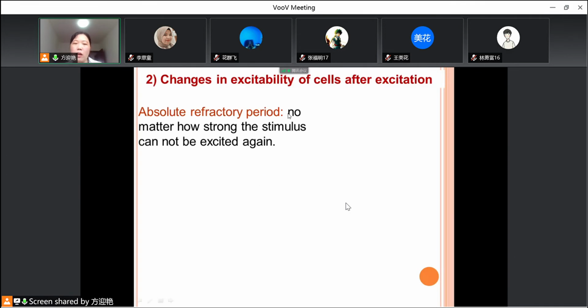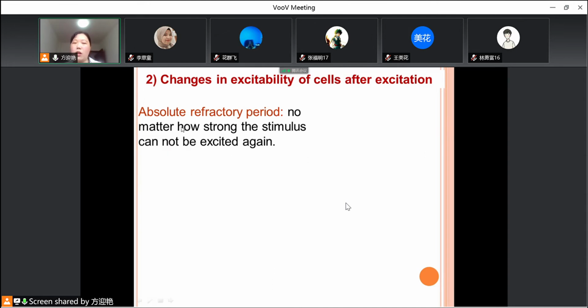The sodium ion channels mainly have three states: activation, inactivation, and resting. Because of these three states, the excitability of cells changes after excitation, which brings us to the concept of the absolute refractory period.